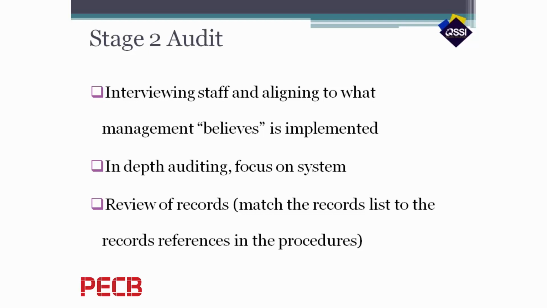So you usually find that the auditors will look at the records that are supposed to be generated, and those records should also match with what is on your records list. So if an internal audit procedure says that there should be 5 records generated, make sure that those 5 records are also on your records list as well.